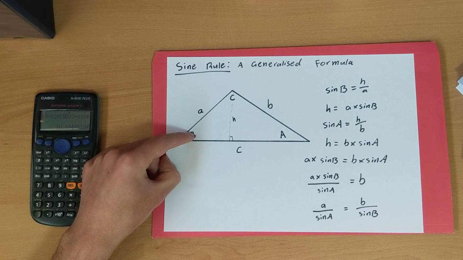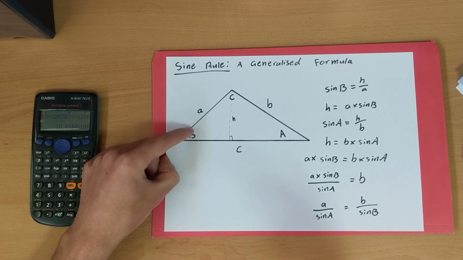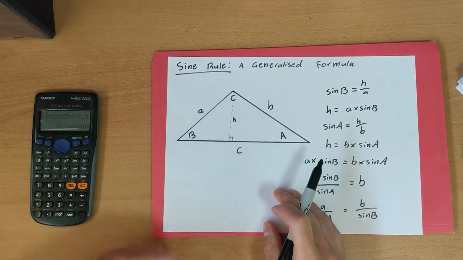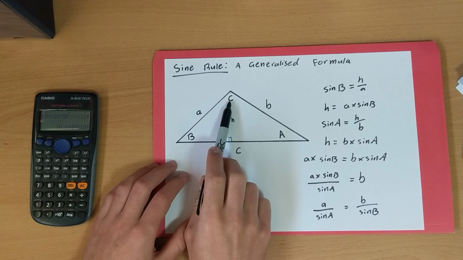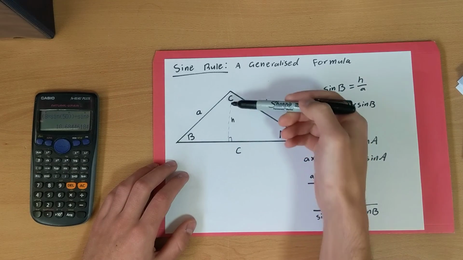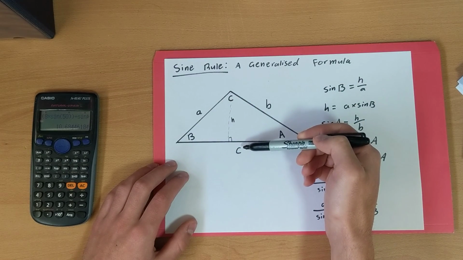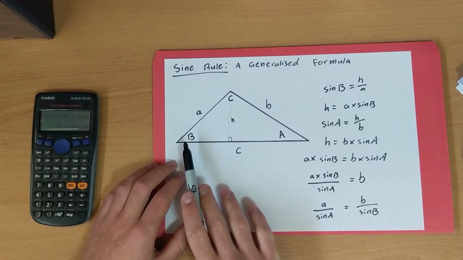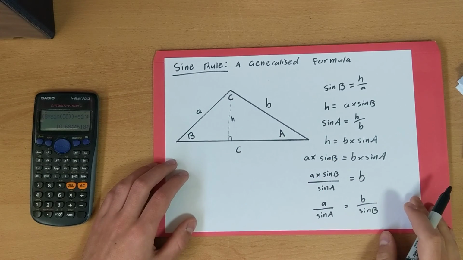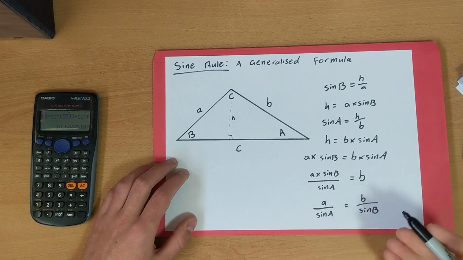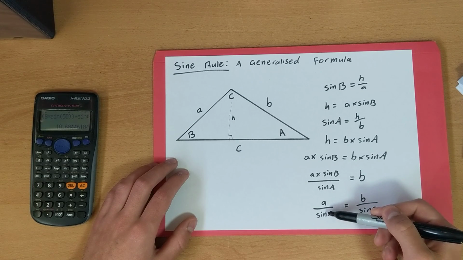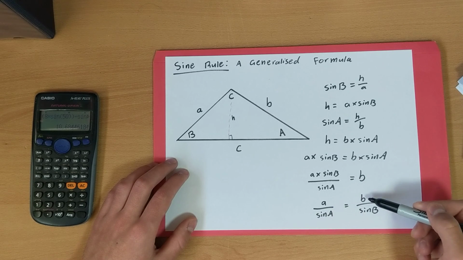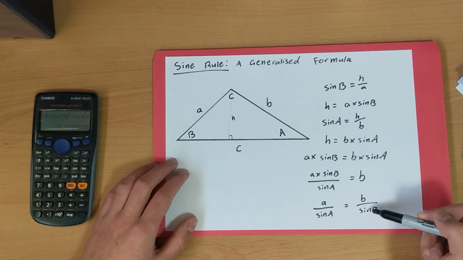And if you think about that, it actually makes logical sense, because whatever angle in a triangle is the largest, let's say in this triangle it's this one, the largest angle is always going to be opposite the largest side length, and the smallest angle is always going to be opposite the smallest side length, etc. So this result makes sense. The ratio of a side length to the sine of its opposite angle is equal to the ratio of any other side length over the sine of its corresponding angle.